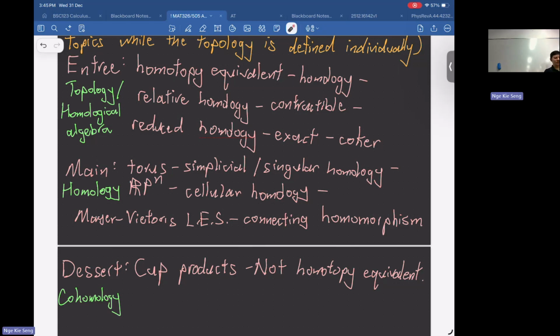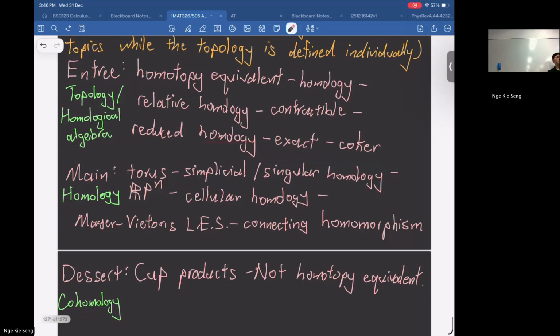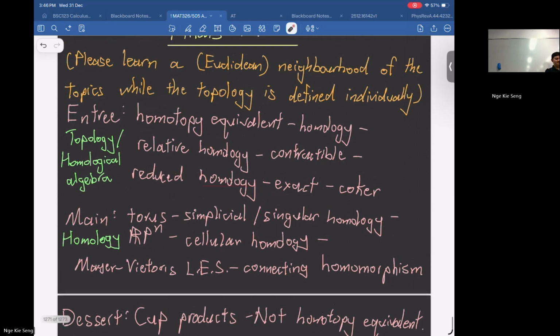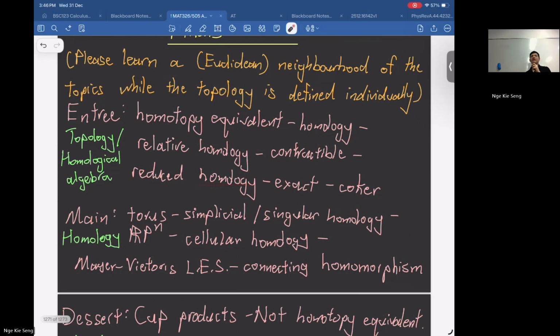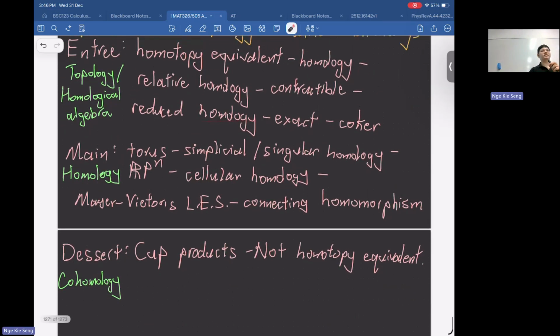Okay. Any question on this? 没有啊，那是 about homology 吧？Mayer-Vietoris is about homology 的。之前没有。For the cohomology chapter I just test on cup product.